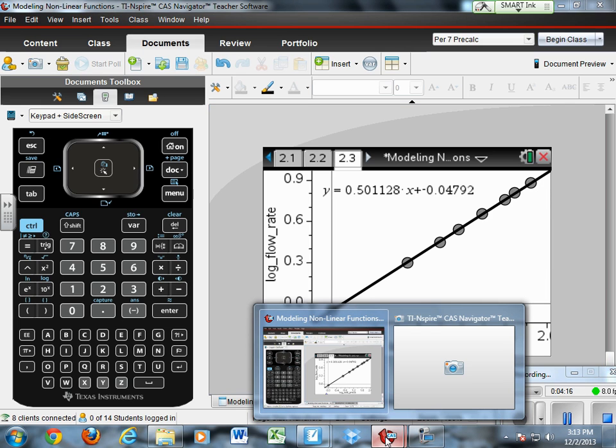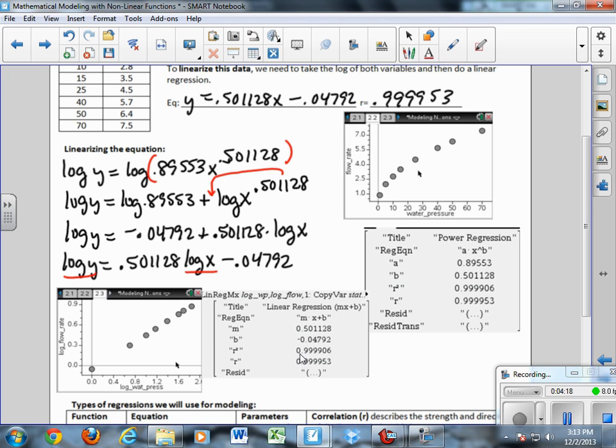So going back to my notes here. You can see too, here's the power regression of the original data, here's my A and my B values, here's my R value. If I do a linear regression of the log of both variables, notice there's my slope and my y-intercept, which come from taking the log of both sides of this equation, and there's my R value, the same R value.